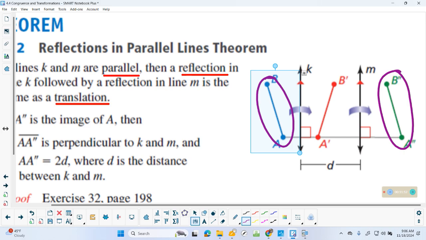So all of this is telling you that a double reflection is the same thing as just a translation, a slide. So if you reflect it twice, it's the same thing as just sliding it over. Same thing. Just a fancier way to look at it, I guess.